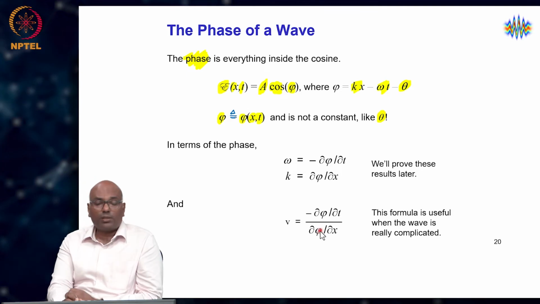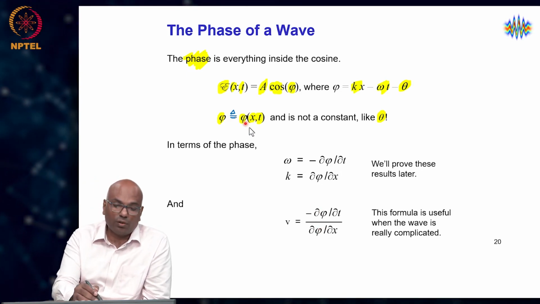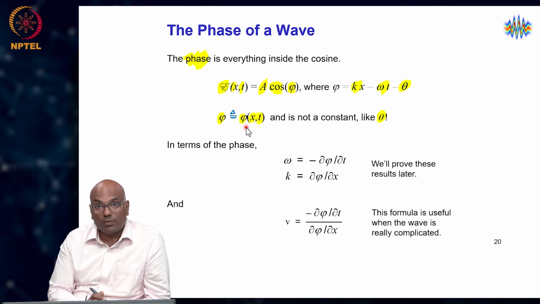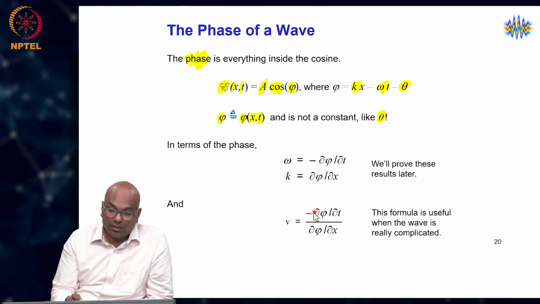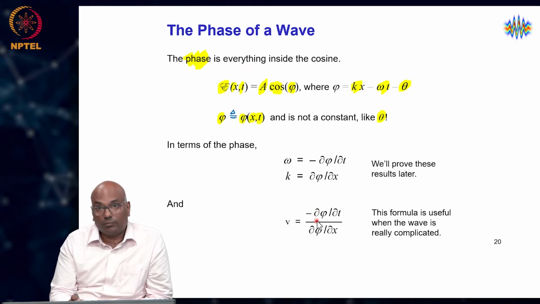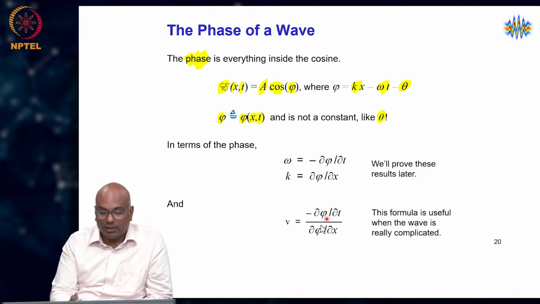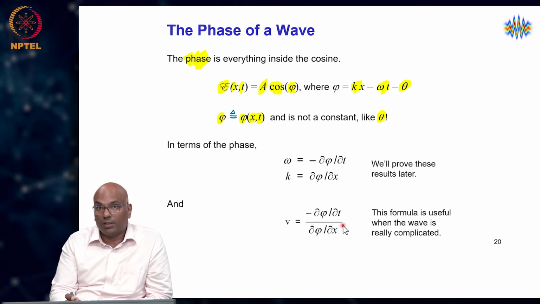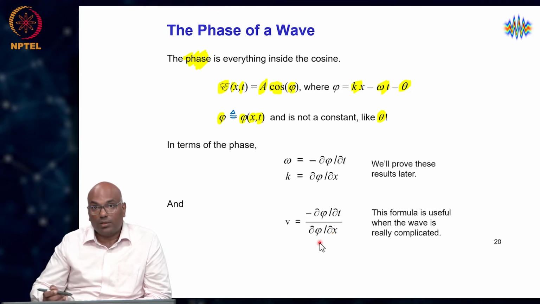Okay, so this velocity, in the sense of the definition of the phase of the wave being phi of x, t as a function of space and time, gets defined to be the ratio of two derivatives, minus d phi by dt divided by d phi by dx, which are both partial derivatives with respect to the variable of interest, t or x respectively.